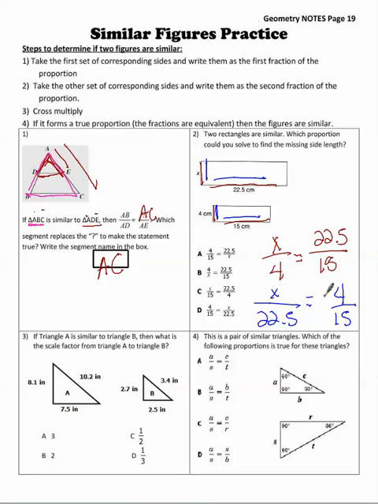So now looking at these, if I said in A, 4 over 15 equals 22 over x, that's not right. It's got the second fraction mixed. 4 over x, so this flipped, should equal 15 over 22. This one does not. X over 15, so this has completely different, doesn't even go with corresponding sides. 4 over 15 equals x over 22. So your answer is D.